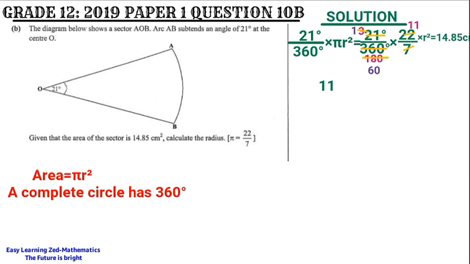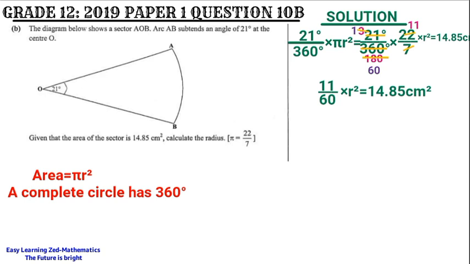So we are going to have a fraction which is 11 over 60, which will be multiplied by the radius squared, which will be equal to the total area, which is 14.85 centimeters squared.